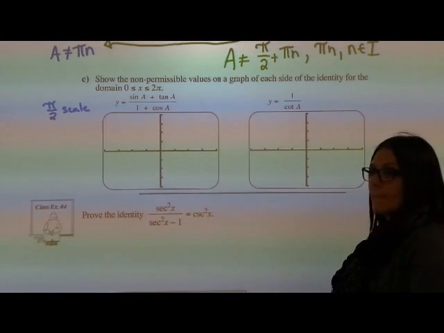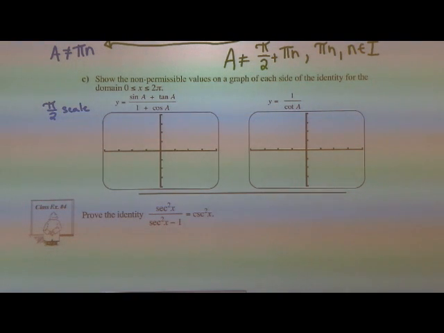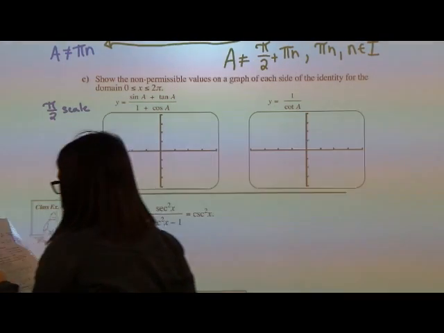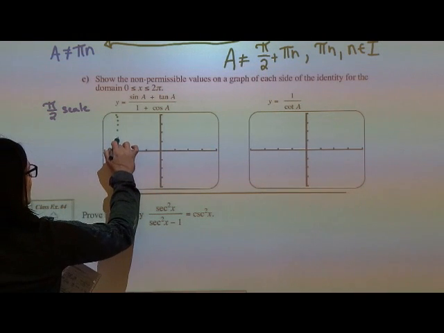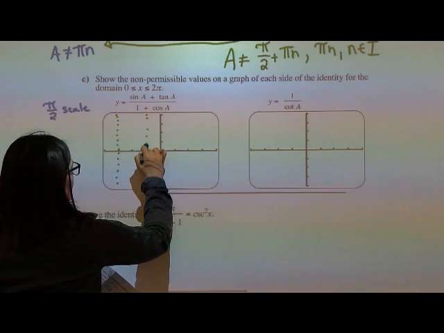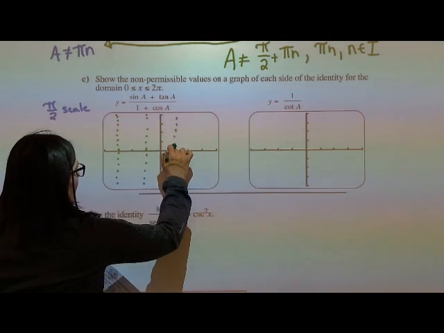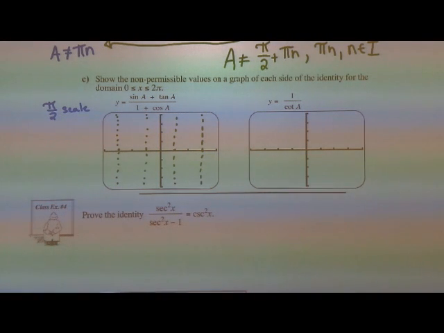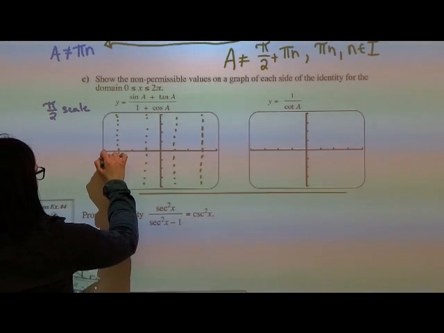That will help. It's kind of a weird looking graph, isn't it? Because you get these asymptotes. At 3 pi over 2, I have this asymptote, and at pi over 2, I have another one, at positive and negative. So I get these asymptotes in the graph, and then I get a graph that looks like this.